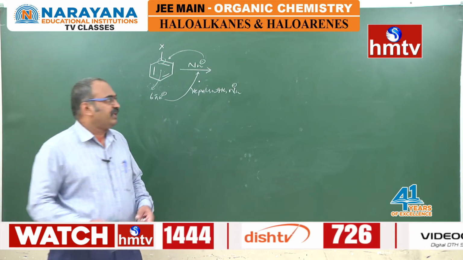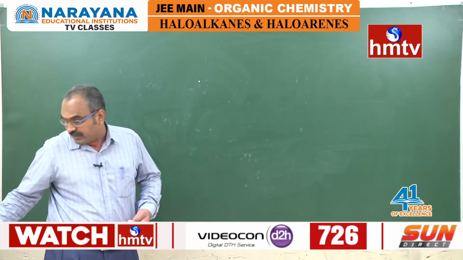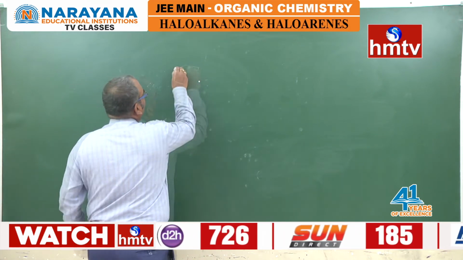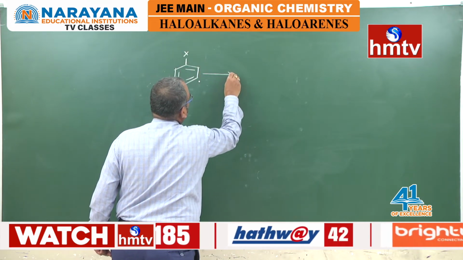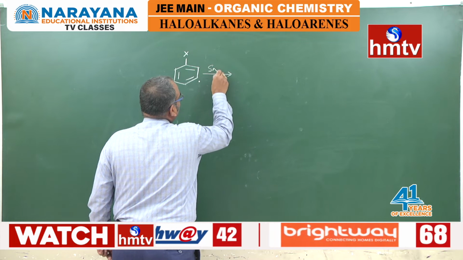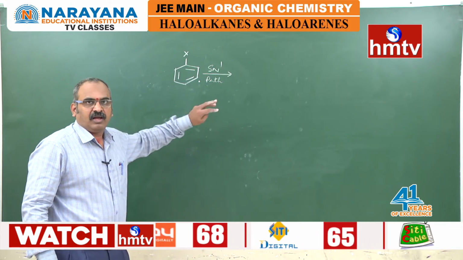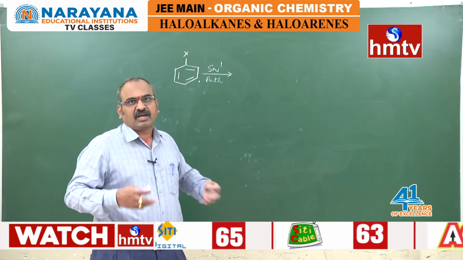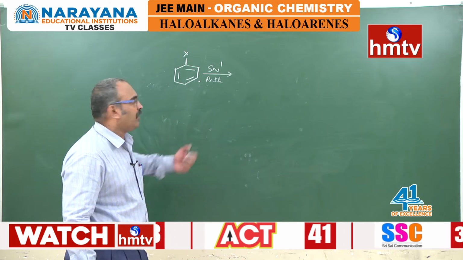If you take the other way by which an aryl halide can participate in so-called aromatic nucleophilic substitution, you have to consider an SN1 path. Previously we have seen the hurdles which arise for the SN2 path.